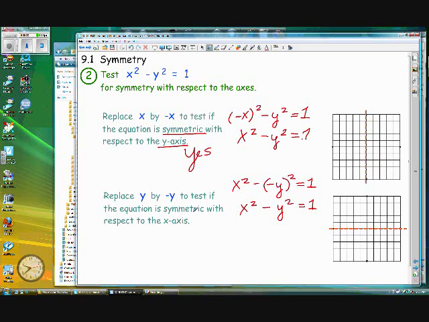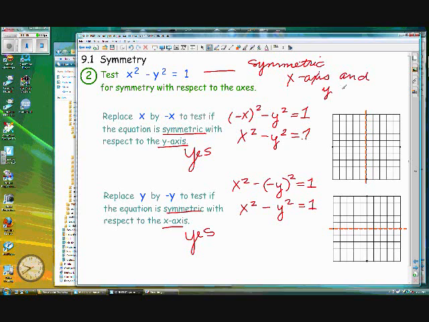So the answer is yes. This is also symmetric. So this equation up here is symmetric with respect to both x-axis and y-axis.